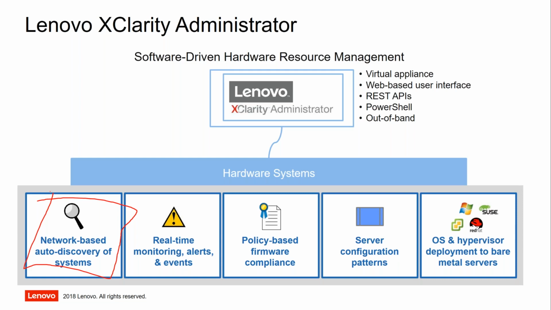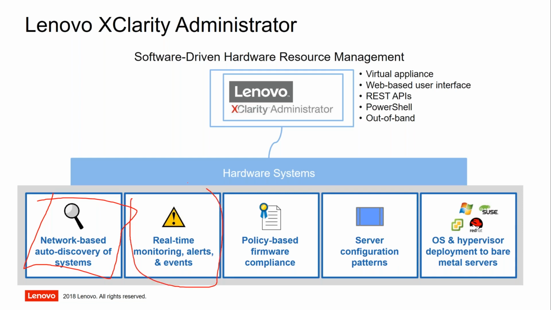So it's our Lenovo ThinkSystem, ThinkAgile products, the servers, the storage, and the networking associated with that. So we're not trying to manage other Dells or HPs or things like that, but give very good, deep management on our Lenovo building blocks, so to speak.